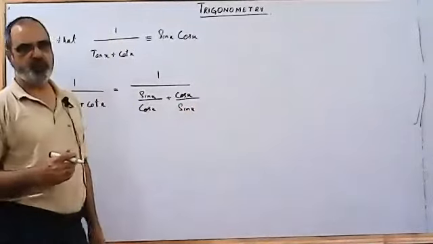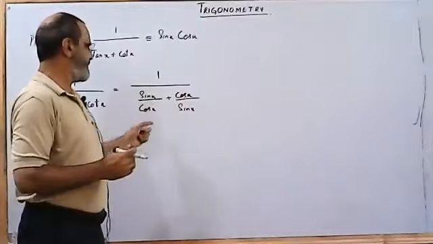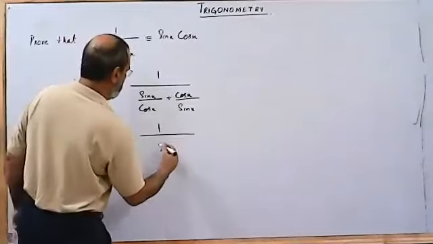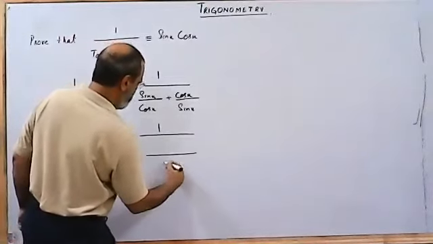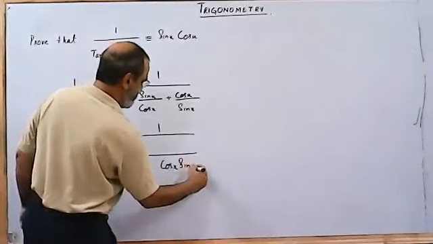Third step is to simplify. In simplification, I can take the LCM of the denominator. LCM would be cos x into sin x.